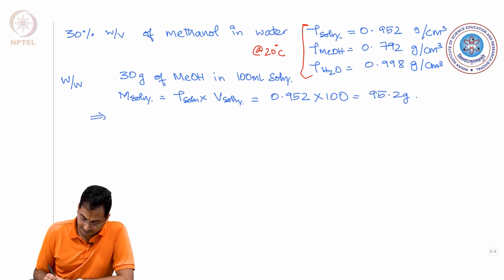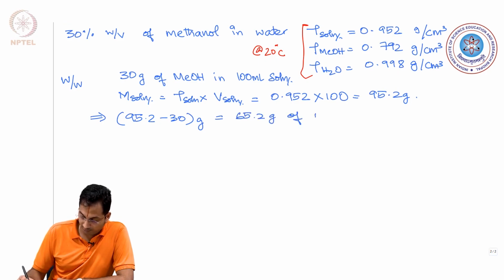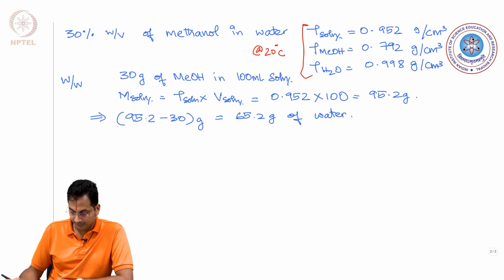So, this indicates if 30 grams is methanol, how much of water is present? This is going to be 95.2 minus 30 grams, which is equal to 65.2 grams of water, right.